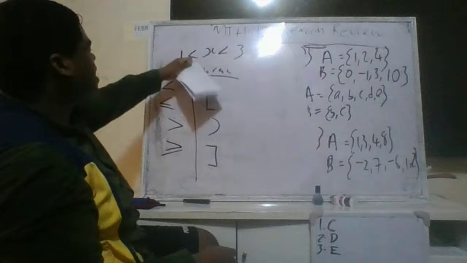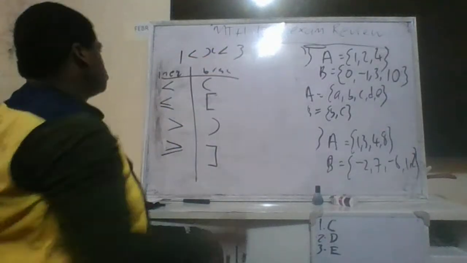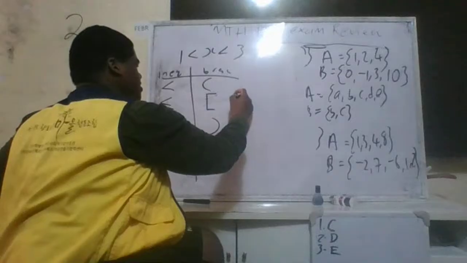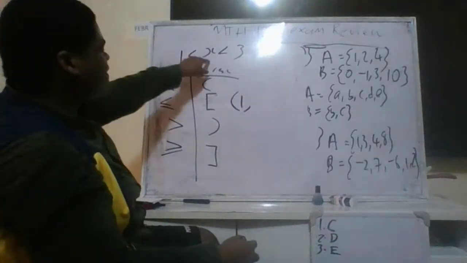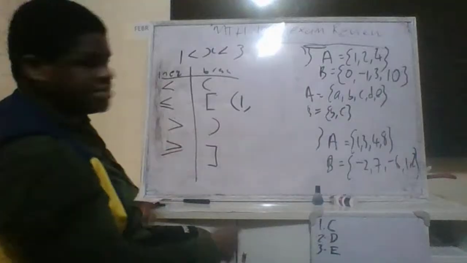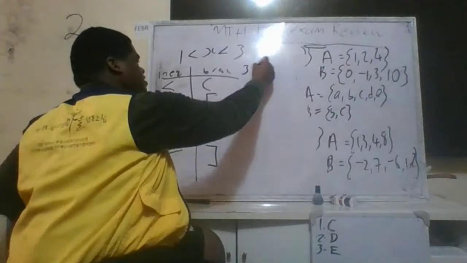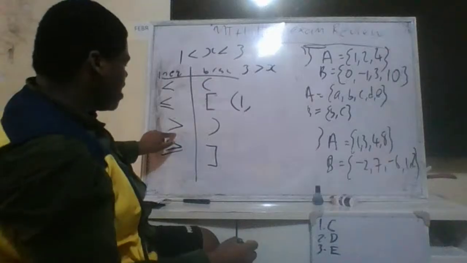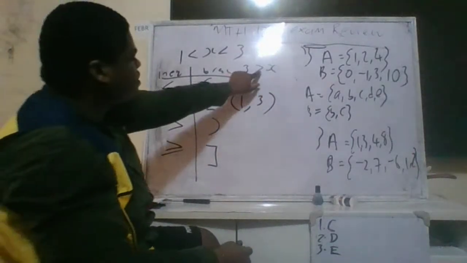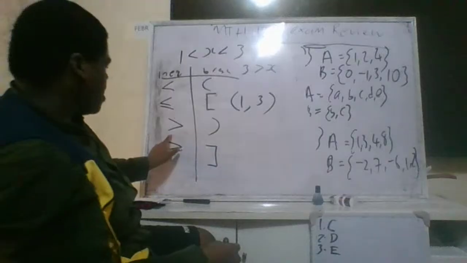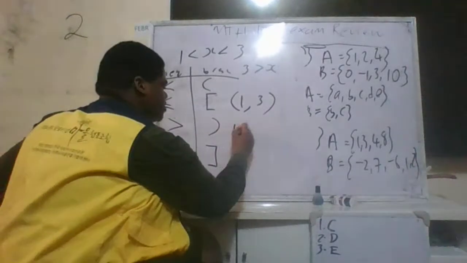So when 1 is less than x less than 3, first of all we have 1 is less than x, so this will be 1, comma. Then we have x is less than 3. Since x is on the right hand side, you use 3 is greater than x. So we have this 3, and for greater than we use the circle bracket. Let's assume that the answer was this.